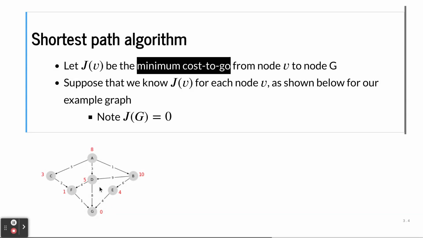Now that we have these 3 options, we consider which one has the smallest total cost. In this case, it would be BEG for a total cost of 10. We can consider the other nodes here, but hopefully that illustrates the concept of what J represents: this minimum cost to go.